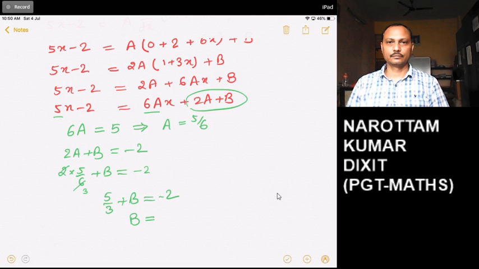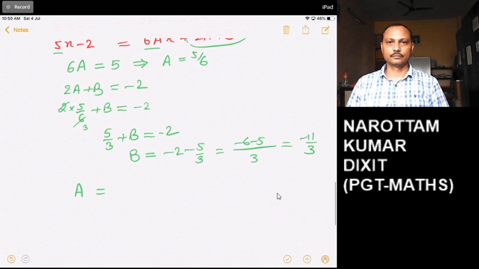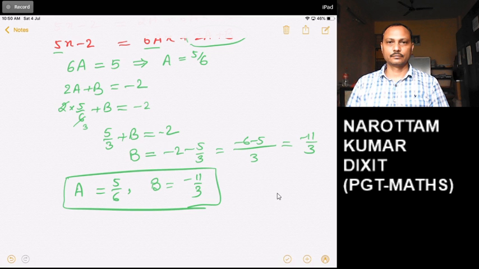So b is equal to minus 2 minus 5 upon 3, that is equal to minus 11 upon 3. This is the value of b. So we get a equals 5 upon 6 and b equals minus 11 upon 3.